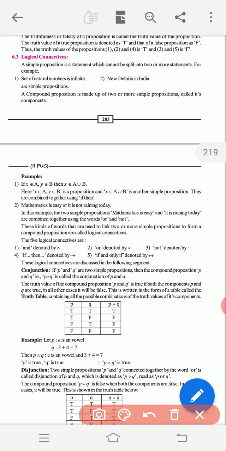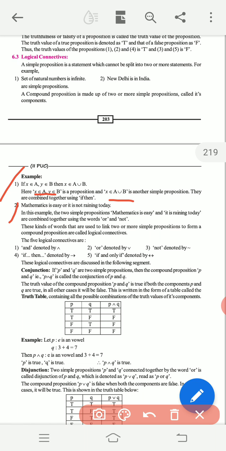So here, if X belongs to A, Y belongs to B, then X belongs to A union B. Here, X belongs to A, Y belongs to B is a proposition, and X belongs to A union B is another proposition. It contains two component propositions. Next one: mathematics is easy or it is not raining today. Here also we have two statements.